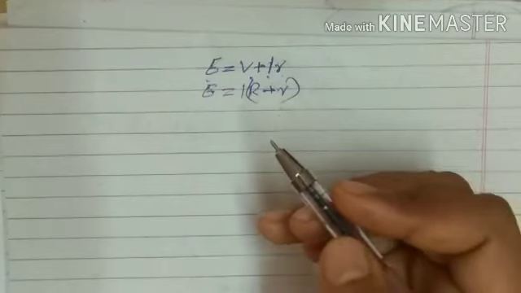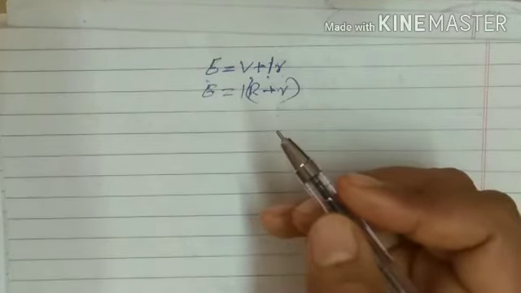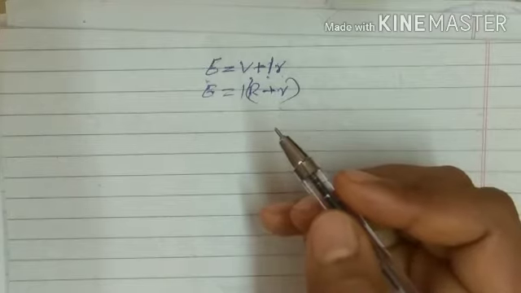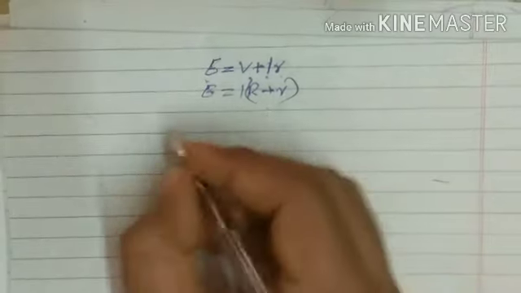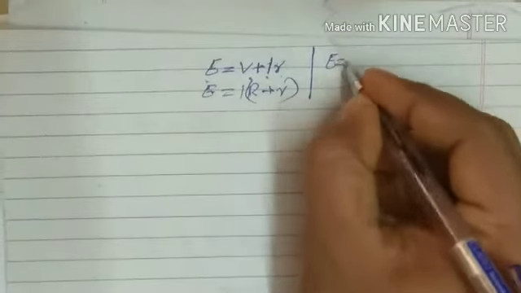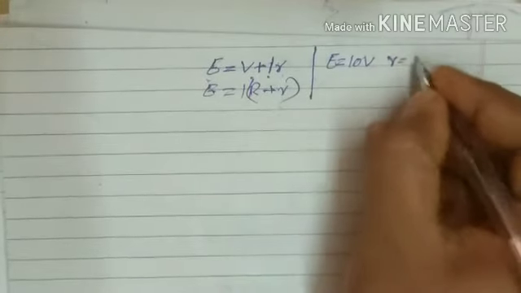Now let us look at our question. I know you already read that question. A battery of EMF 10 volt and internal resistance 3 ohm is connected to a resistor. So the EMF is given, E is equal to 10 volt, and internal resistance small r is given, that is 3 ohm.